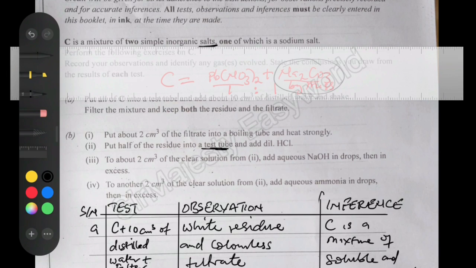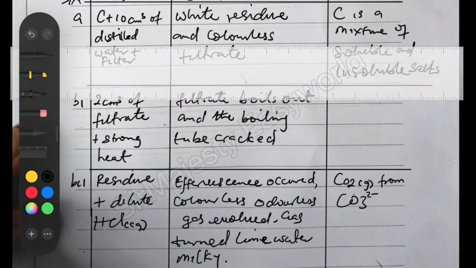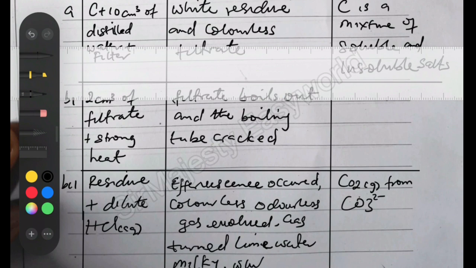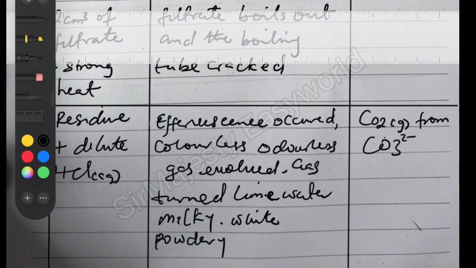They say to add about 2 cm cube of the clear solution from BI. One can also add here, like I said, white not can, you add it because that's what is obtainable. White powdery precipitate, should that be a precipitate?